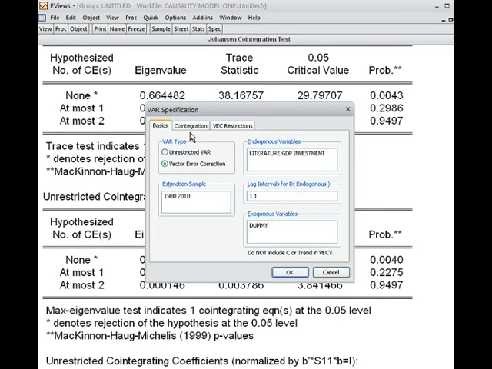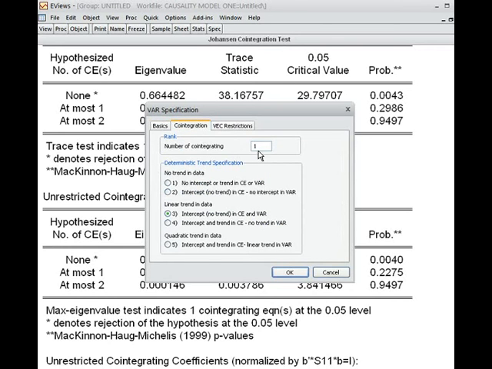Setting is all right. Now I check cointegration, right? I check here. Okay, and how many cointegration? Last time in the Johansen test of cointegration, we saw there is one cointegrating equation. So here I write 1.